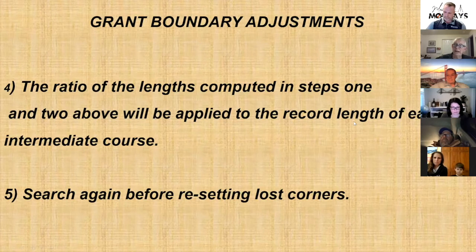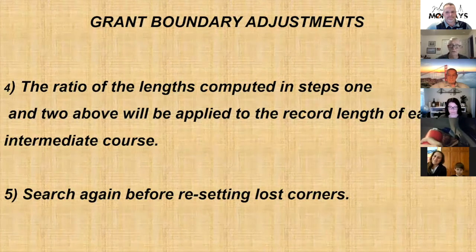Apply to the record lengths, because we're going to use those and adjust them. Now, here's the part that every surveyor who has been my mentor has told me: before you put anything in the ground, look, see if you can find something that's already there. Just don't assume it's not there, but look around. There's a good chance you'll find something, and I'll be talking more about this in a bit.